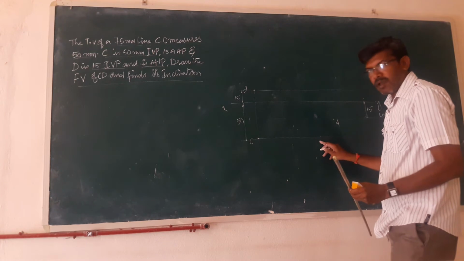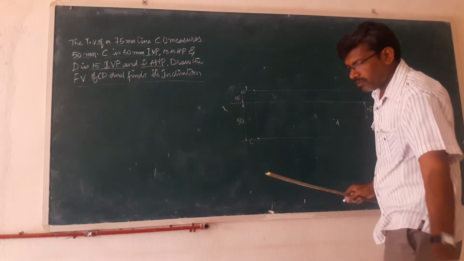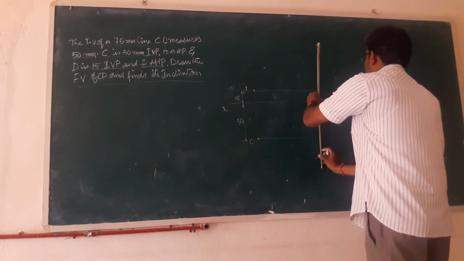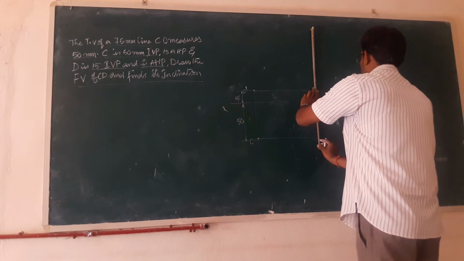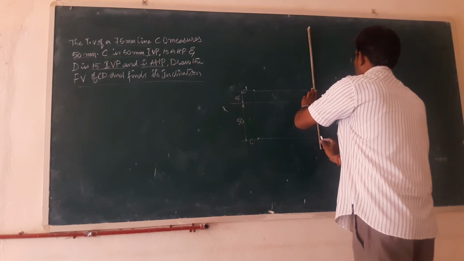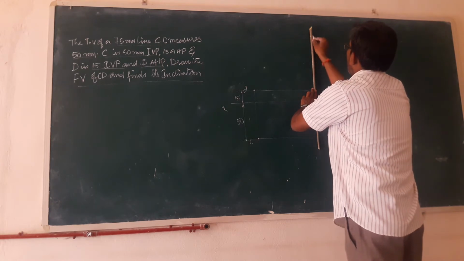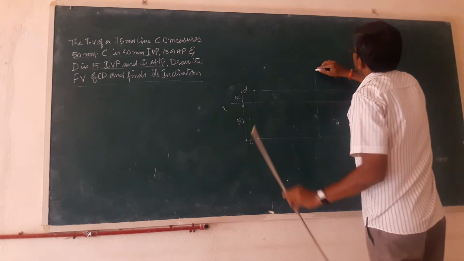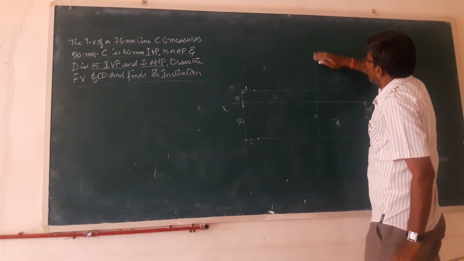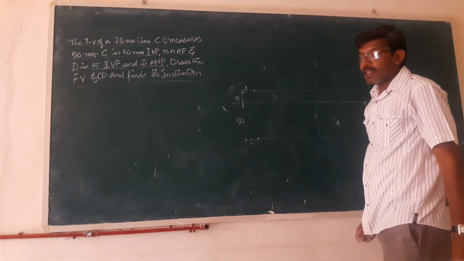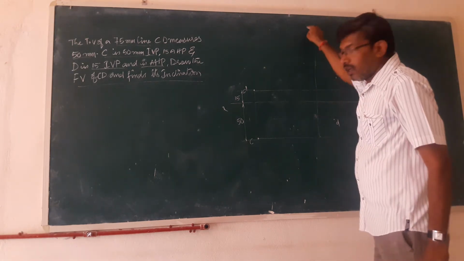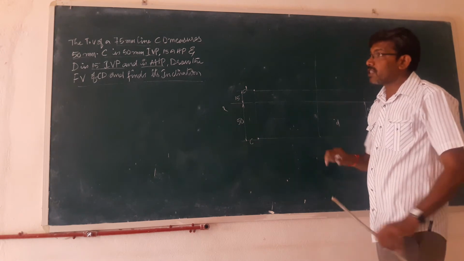Okay, take 50 mm here and draw a line from the 50 mm. Okay, so this is a very light line. Okay, then next, this is a line, that is because it is 50 mm, already it is given here.